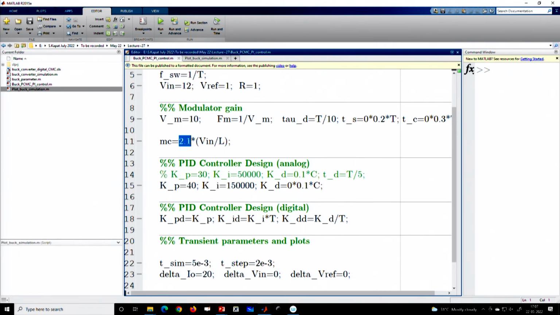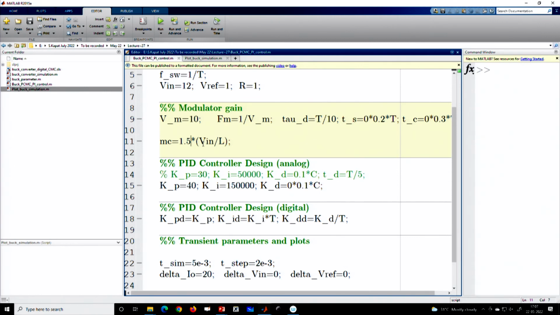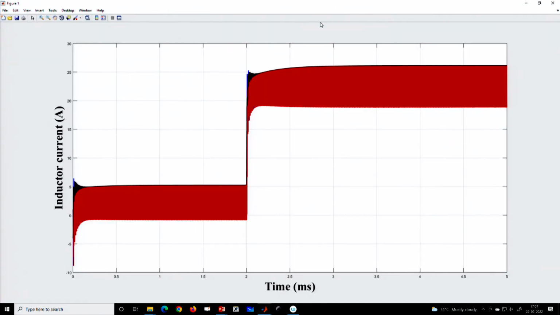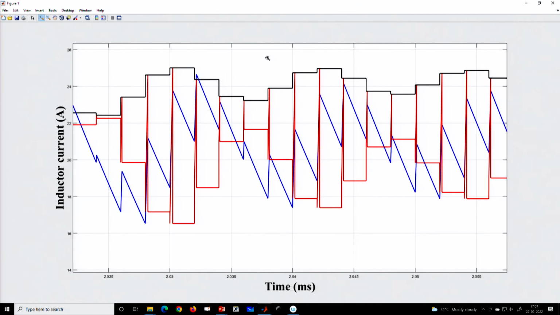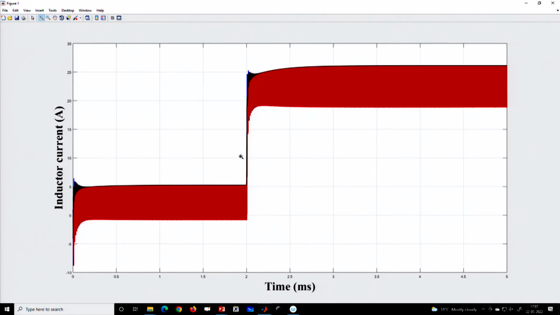If we use a ramp, let us say 1.5, and we want to see it is the Vin by L, we have taken a much more conservative slope. So although it is stable now, the slope is even higher, but again this operation I am showing.